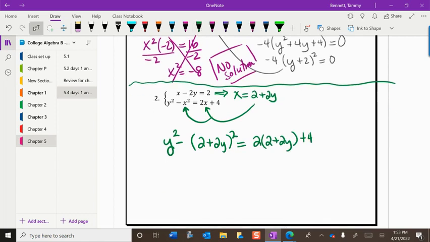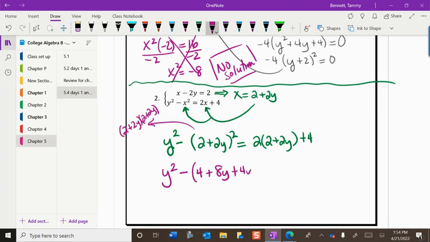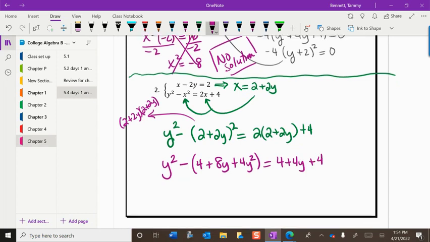All right, so let's distribute, do all that stuff. So this is y squared minus, and I'm going to put a side note here, that is actually 2 plus 2y times 2 plus 2y. So multiplying that out, I get 4 plus an 8y plus a 4y squared equals 4 plus 4y plus 4.